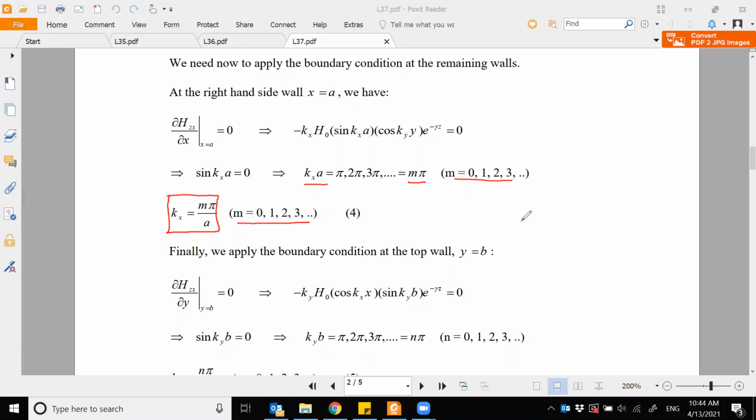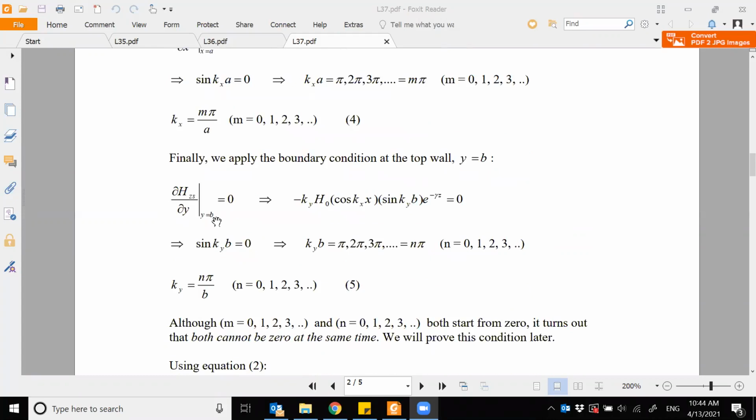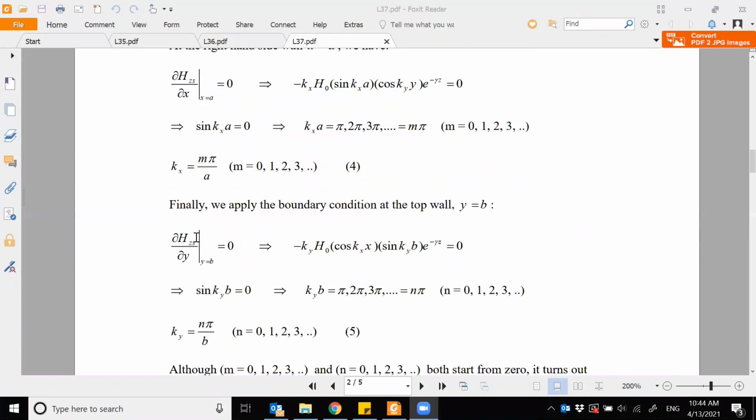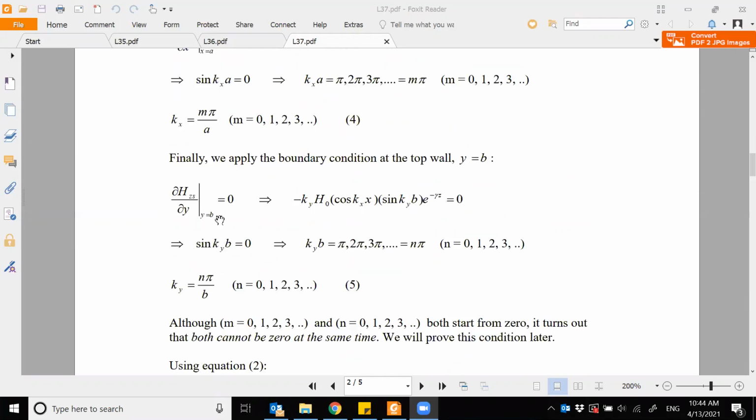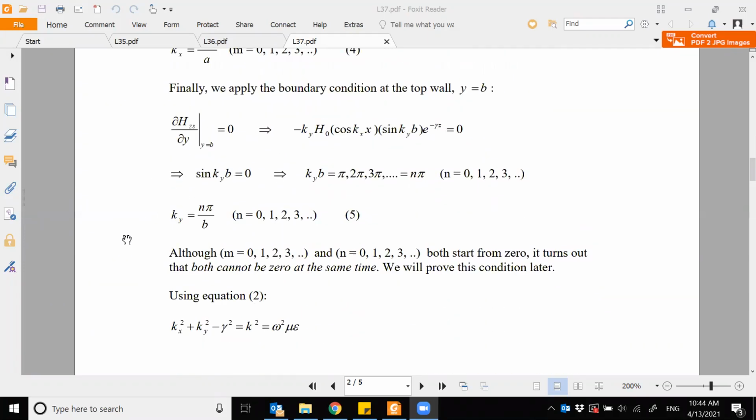Now, similarly, if we apply it for the second boundary, which is y is equal to b, first find the derivative of this with respect to y, and then substitute y is equal to b. Then again you will see a similar thing, this one becomes 0.